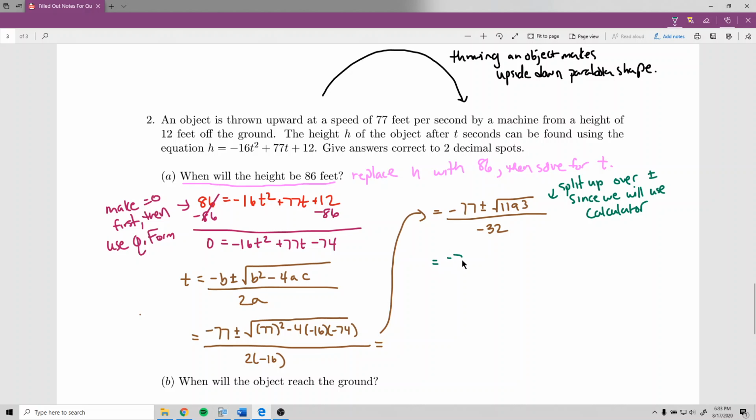So what I mean by that, instead of making two fractions, just write the whole thing with the plus, and write the whole thing with the minus. And now use your calculator to get each one.